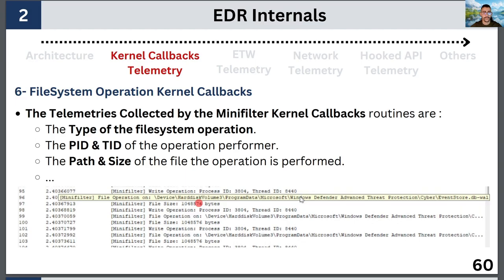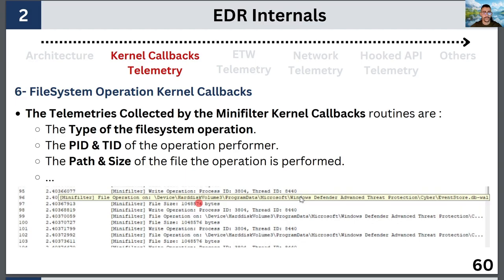Within each instance, multiple callback node structures are registered for specific file system operations. A callback node is responsible for handling a specific file system operation, either create, read, write, delete, and so on. Each callback node contains a pre-operation and post-operation kernel callback.